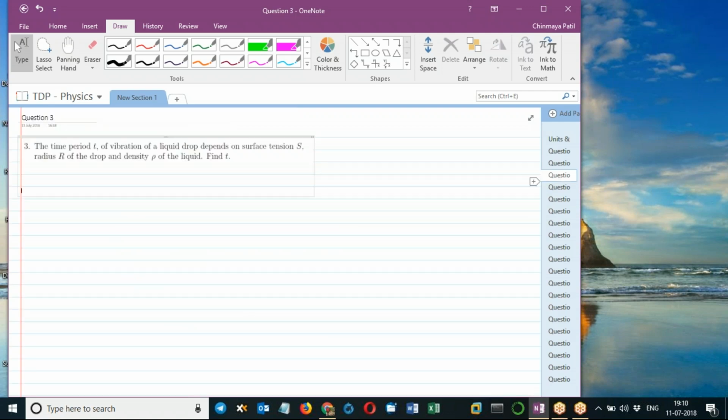Third question is that the time period t of the vibration of a liquid drop depends on the surface tension, the radius r of the drop, and density rho of the liquid. Find the value of t. Correct?